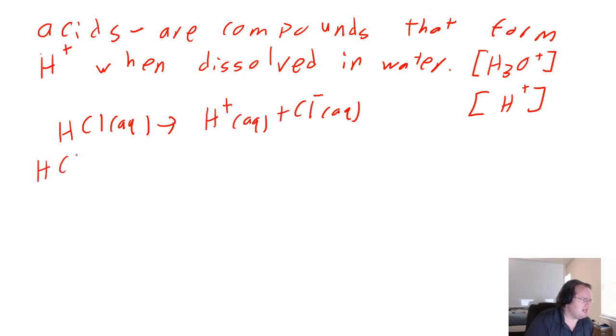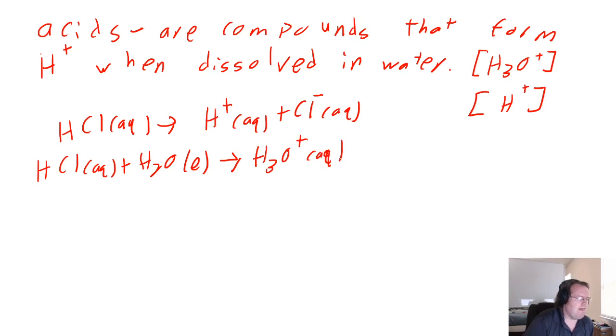Some people will instead write it the second way, and depending on the context, sometimes one is easier than the other. So you may see both in this class. This writes it as the HCl transfers an H+ to the water and forms H3O+ (aq) plus Cl-. Both of these are ways of saying that HCl is an example of an acid.